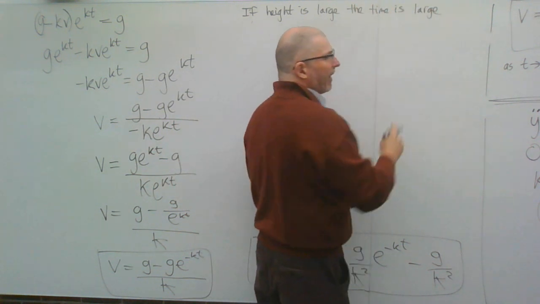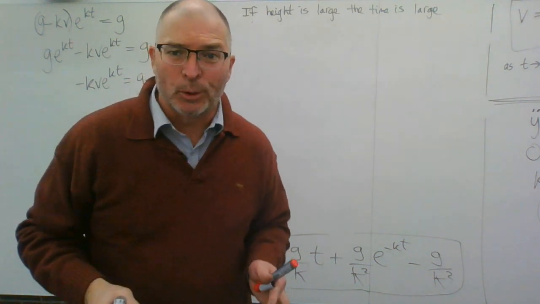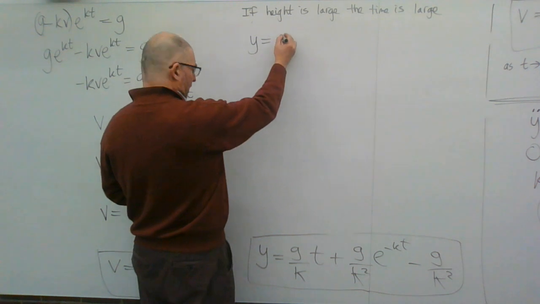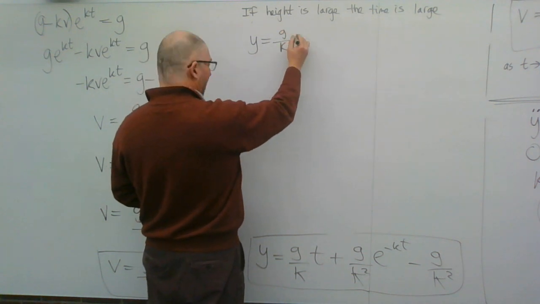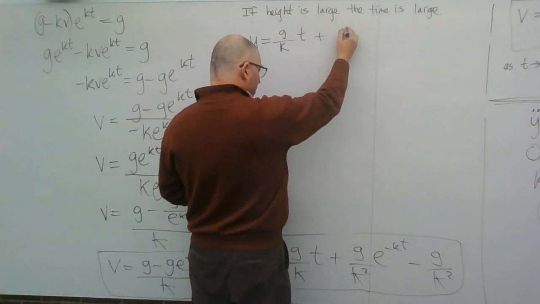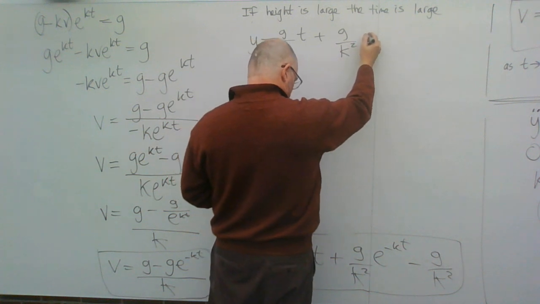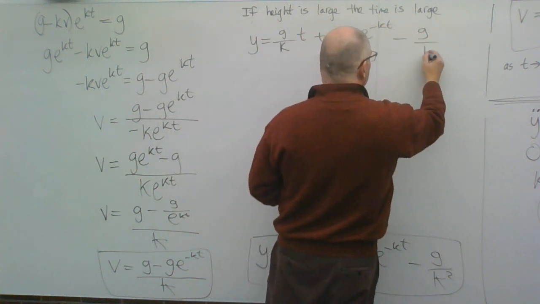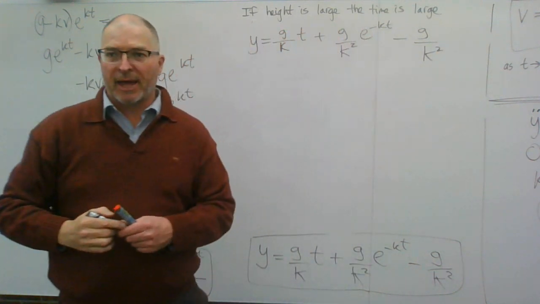That's an important factor. I'm basically sending time to infinity in this equation. So this equation is y equals g on k t plus g on k squared e to the minus kt minus g on k squared.